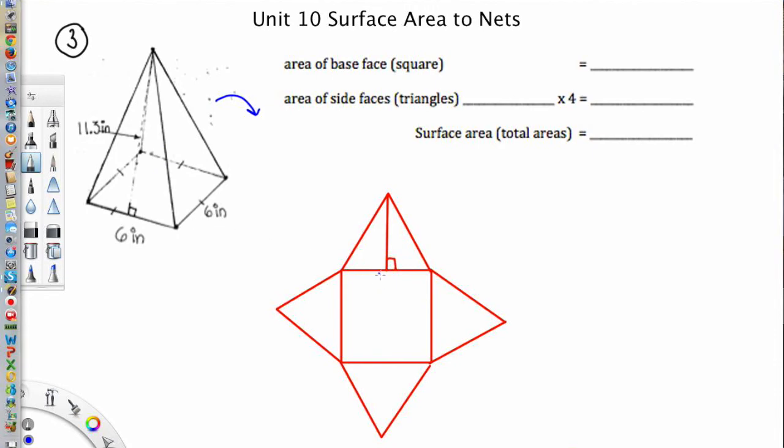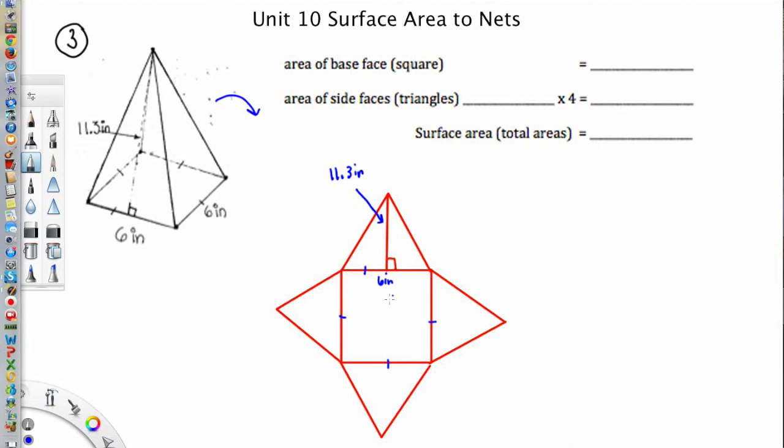Let's start labeling, though. We see here that the square, each side has a length of 6 inches. Okay, and this side and this side and this side, they all have equal lengths. And then the triangle has a height. The base would be 6 inches, and the height would be 11.3 inches. And that's really all we need. We can now start our calculations.